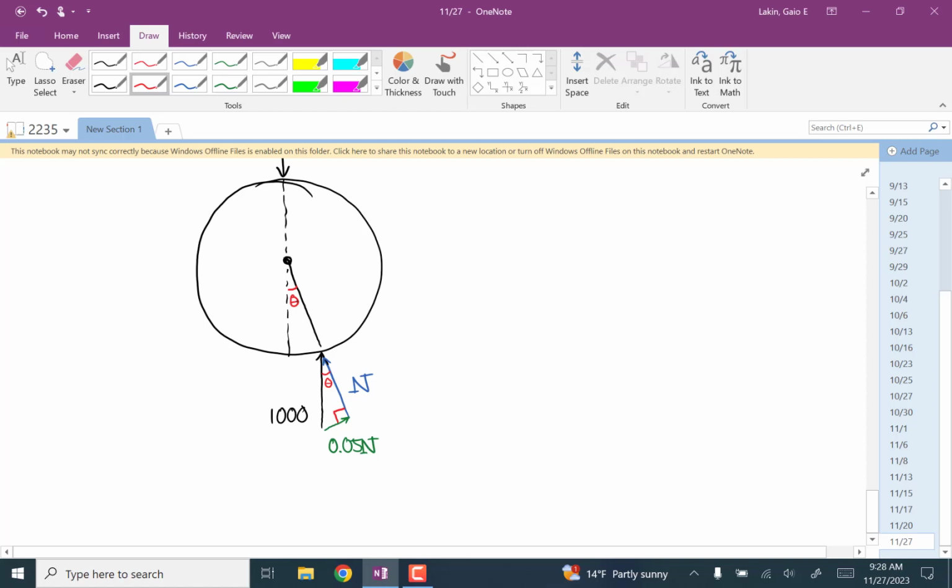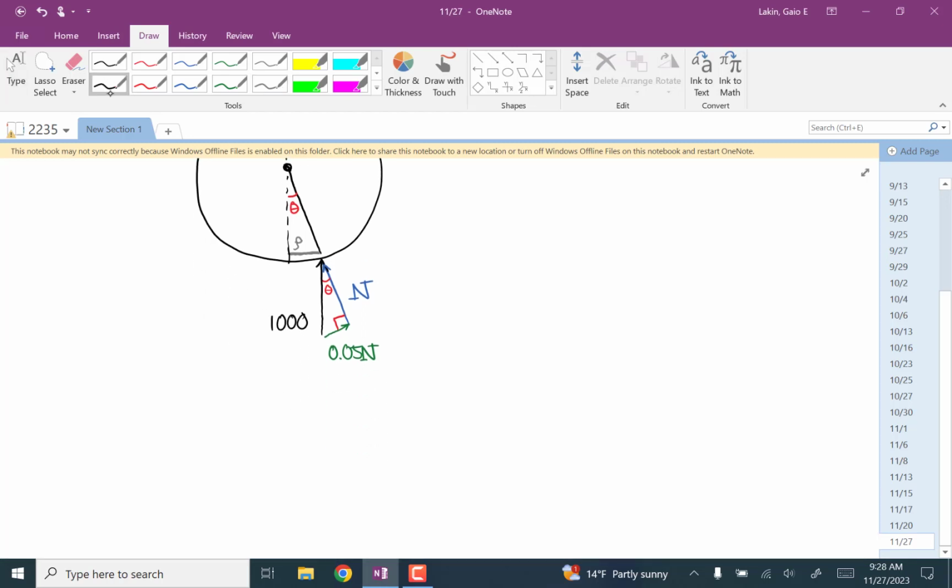Okay. What we're trying to get to eventually is this distance rho here. So the tangent of theta is equal to opposite over adjacent. So 0.05. Everyone with me on that?